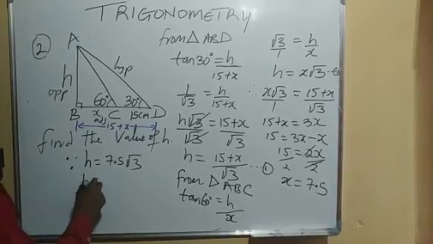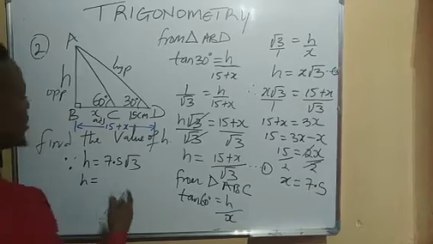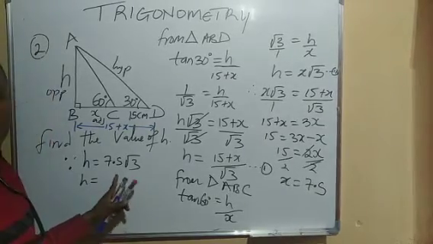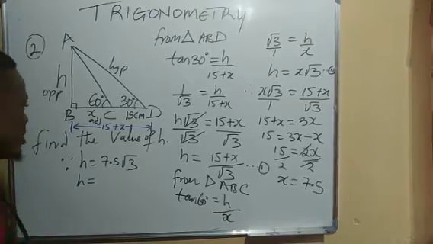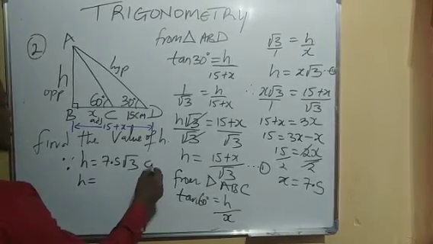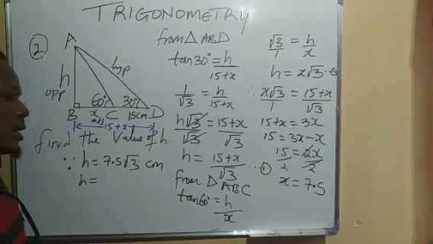So h will now give us, wherever you are, use your calculator to get the value of sub 3, multiply by 7.5. Anything it gives you is the value of h in centimeter. Okay, so let's take another category of this.